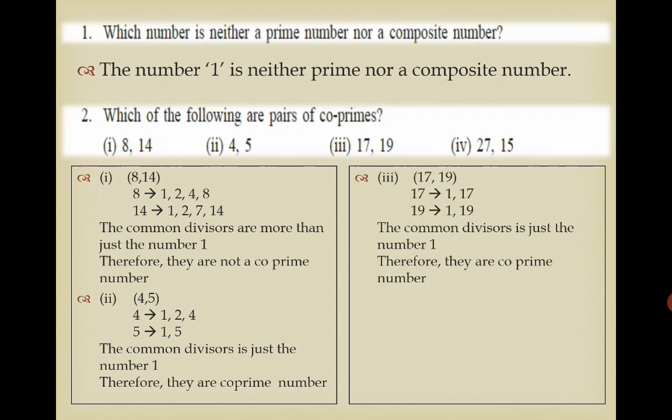The next one, 17 and 19. The divisors of 17 are 1 and 17, and the divisors of 19 are 1 and 19. Again, the common divisor is just 1. So, we can say they are coprime numbers.